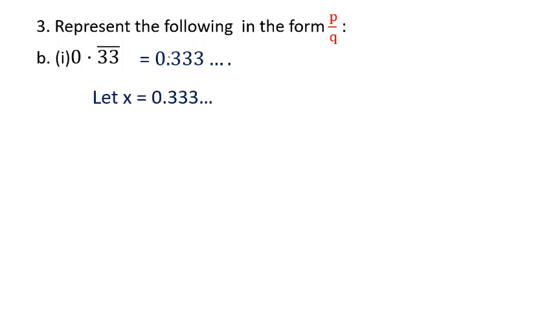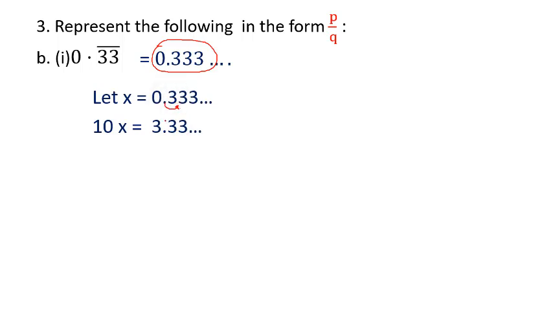Let x equal 0.333. After the decimal we have 3 continuously, so you can directly take 10x. Multiply by 10, so this 3 will come forward and the decimal will come here, so it will become 3.333.